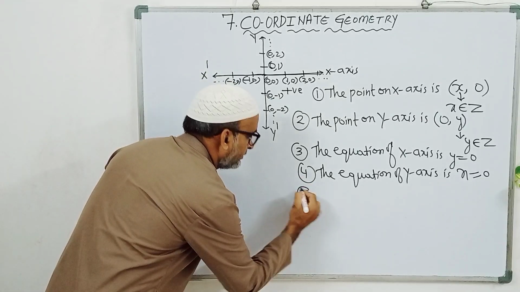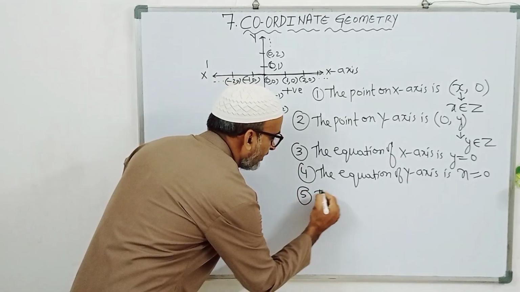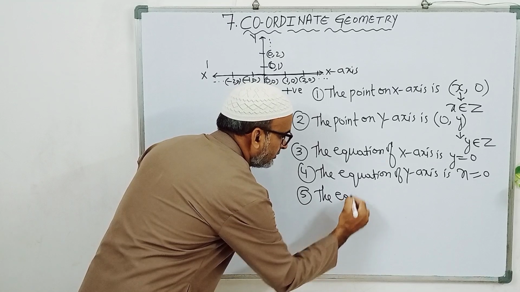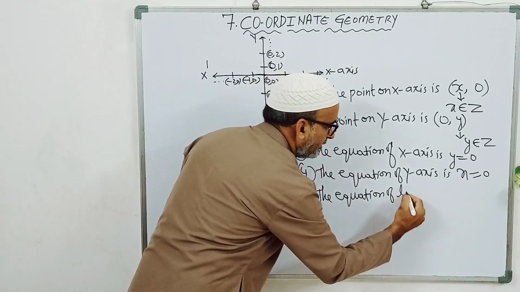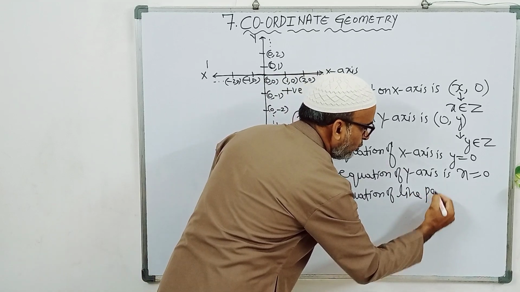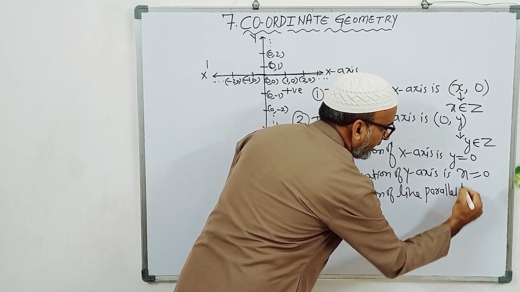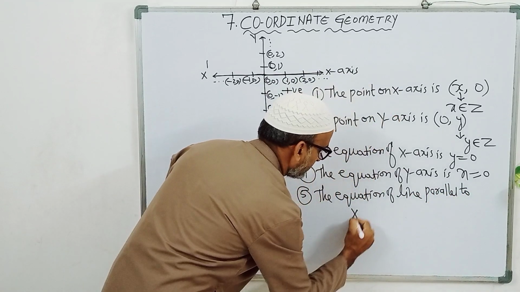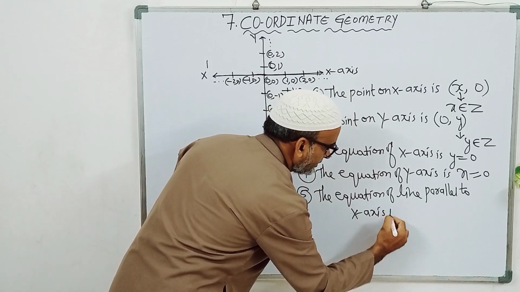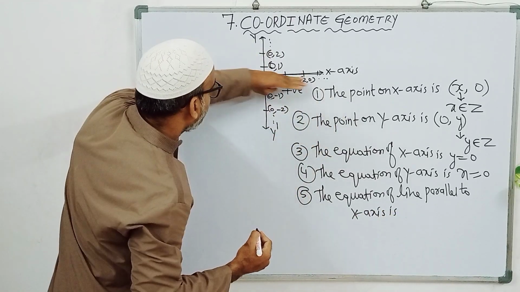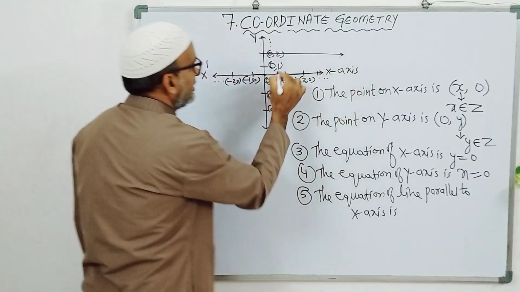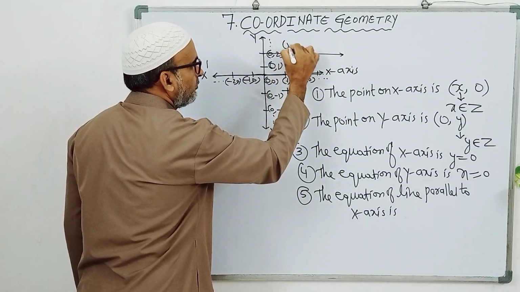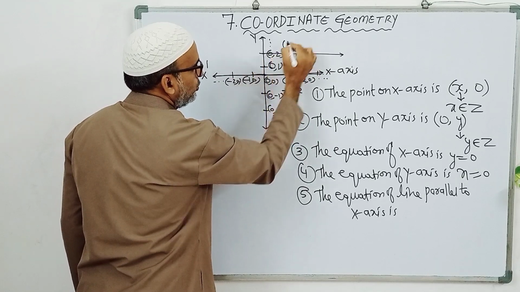Fifth point. The equation of line parallel to x-axis is: now you see, this is x-axis. Parallel to x-axis I am drawing one line like this. Here what is the point? 1 comma 2.